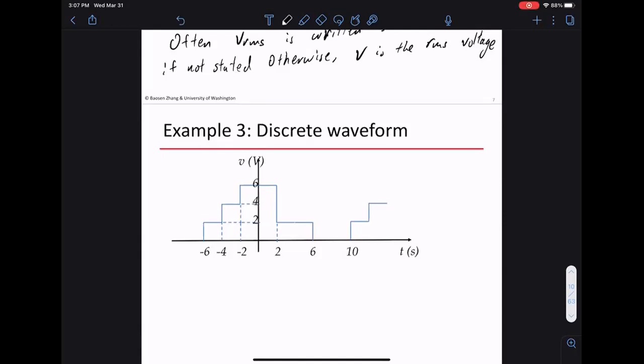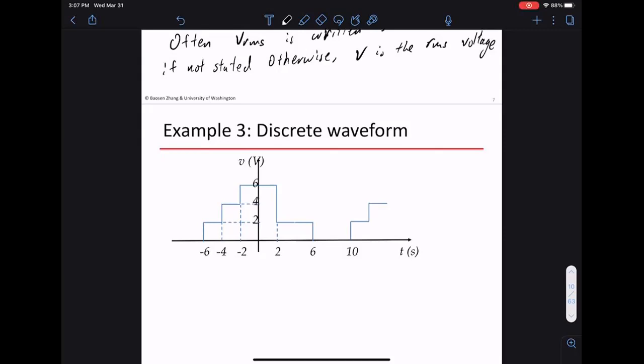For example, we can have a discrete waveform signal like this. Here we can also compute the RMS value, but the equation Vmax over root 2 doesn't apply. Here you actually have to do the integral and figure out the correct value.